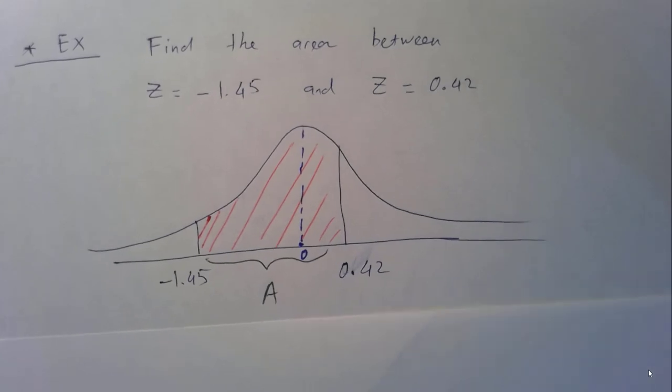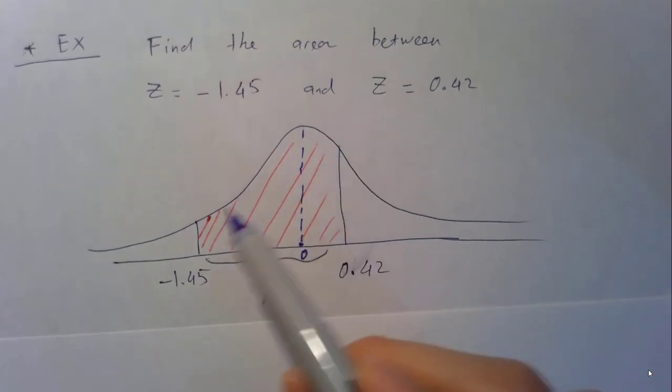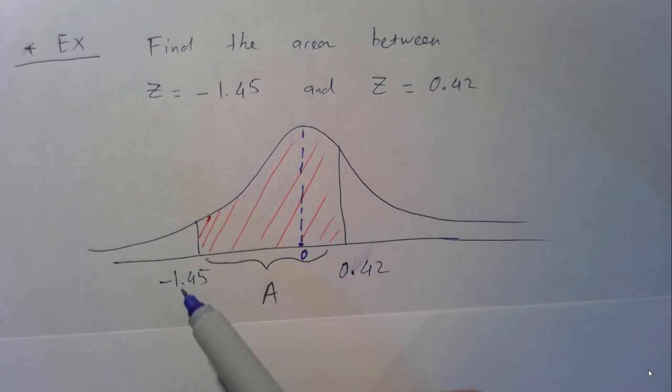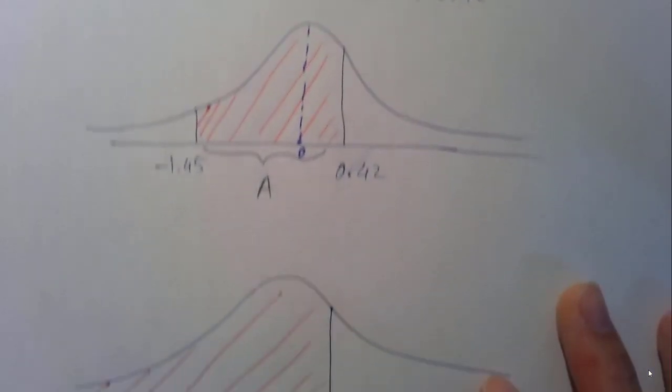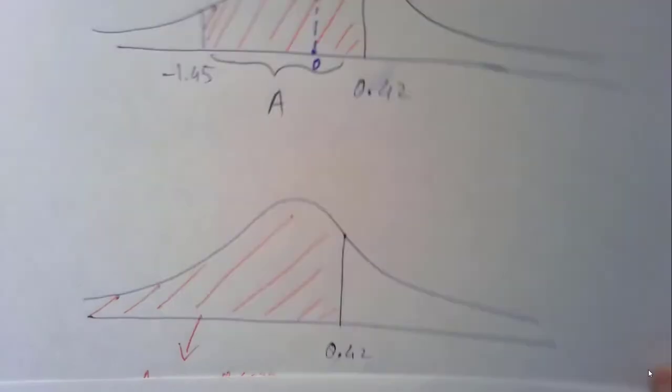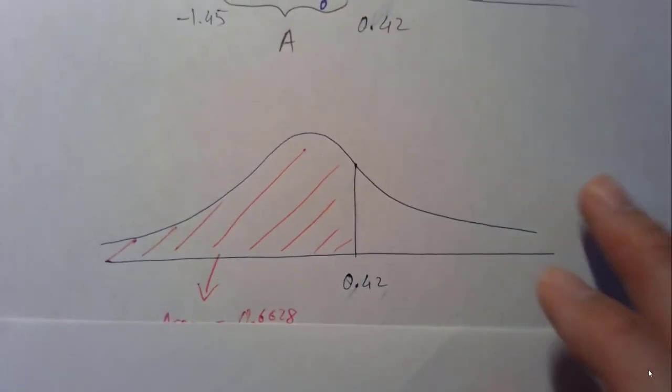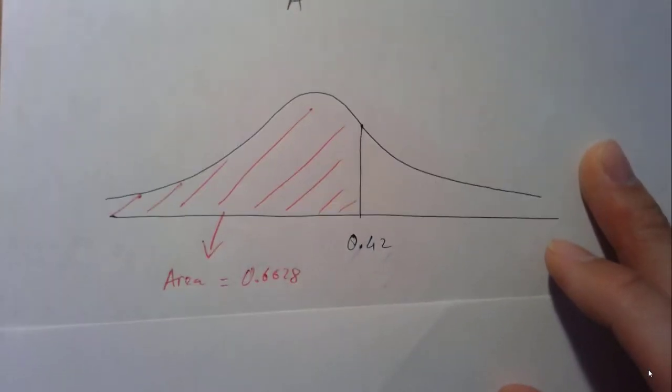Now, how do I find the area between -1.45 and +0.42? There are a few ways to do that, but let's take a look at how to do it using the z-score table.